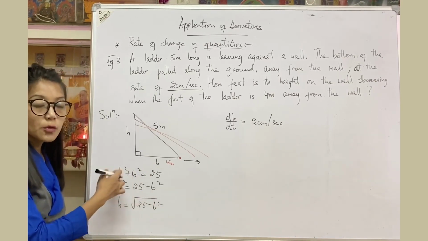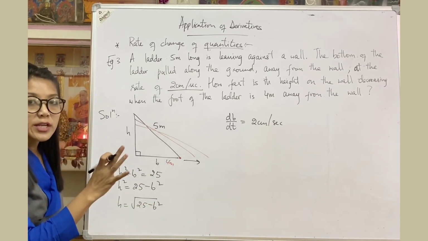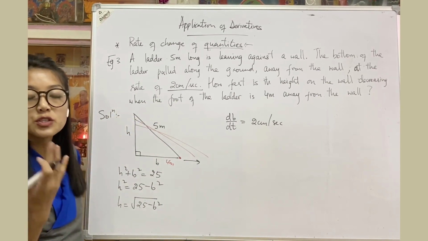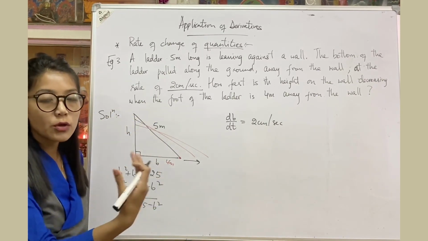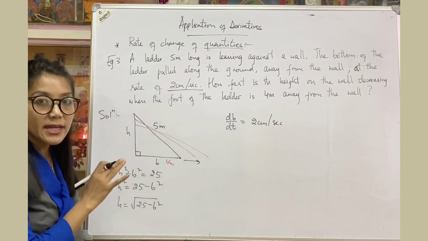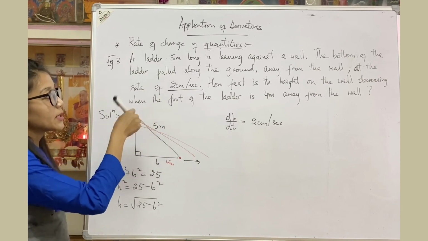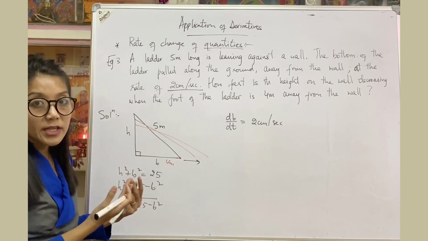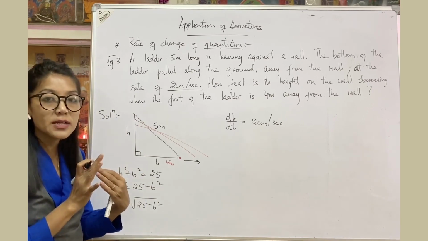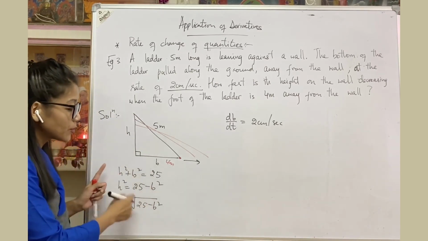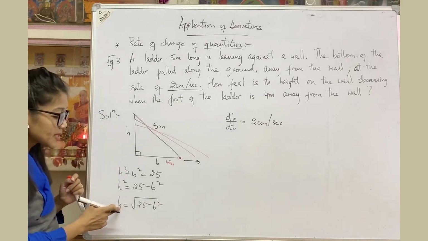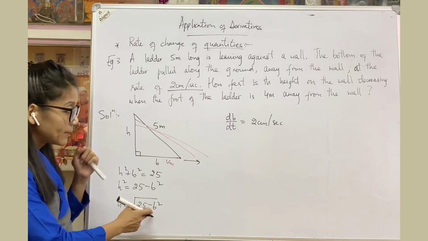So first you have to form the relationship between the two variables if it is not given. In the previous 2 examples, area, surface area and volume we already know, so we don't have to create anything. But in this example the relationship between the variables is not given, so we have to form it. Actually there is a relationship, but it is not given, so we have to form the relationship between the 2 variables. So we have now expressed h in terms of b.